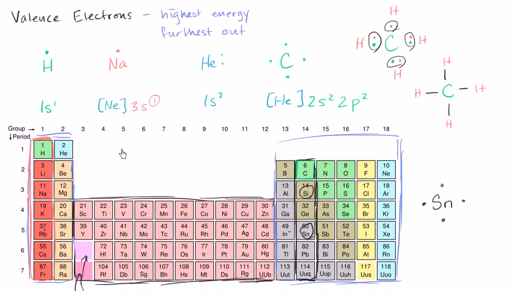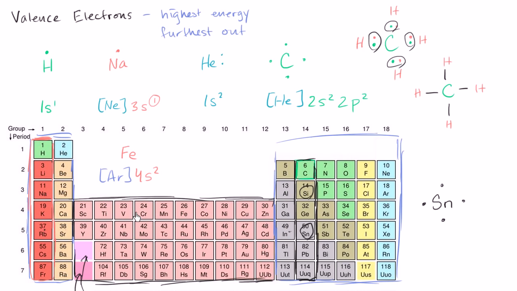Iron's electron configuration, we could start with argon as a base, and then we're going to go 4s2, and then we're now in the D block, but we're not going to fill the 4D suborbital. We're now going to back up and backfill into the 3D suborbital.